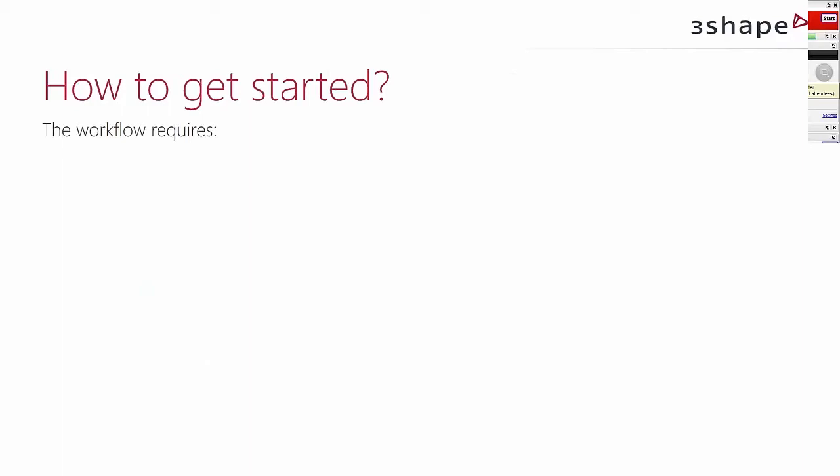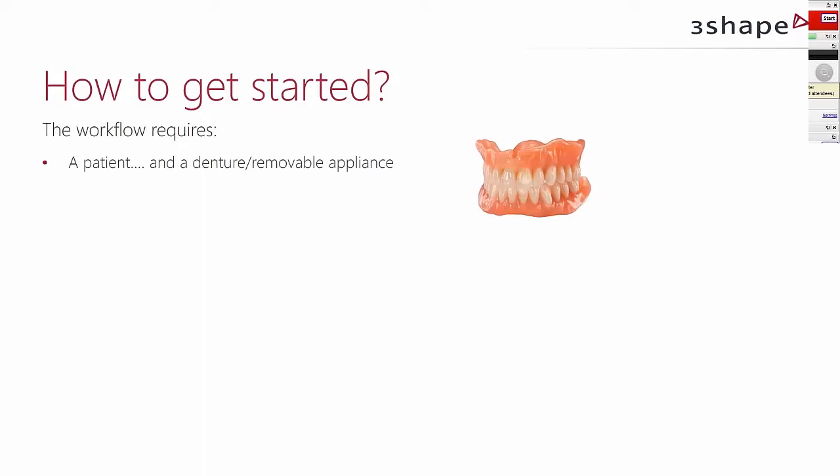Yeah, sure. So first, I think we should just take a look at what is actually involved in this workflow. Which ingredients do we need, so to say? Obviously, we need a patient, and this patient should have a removable appliance of some sort, or we should make a removable appliance if the patient does not already have one. We need some chairside reline material.